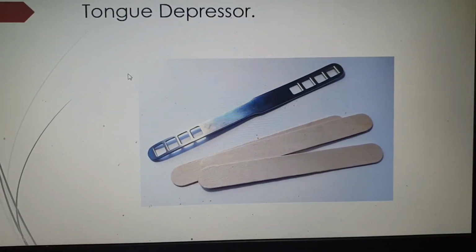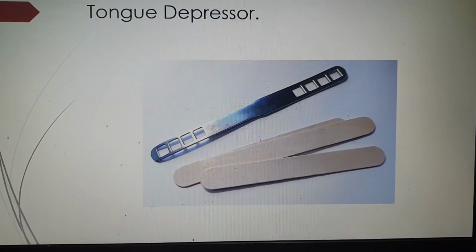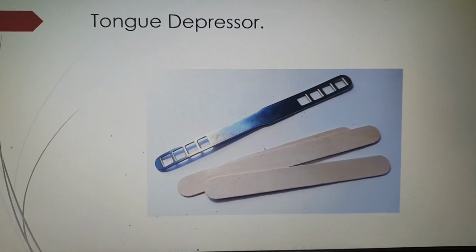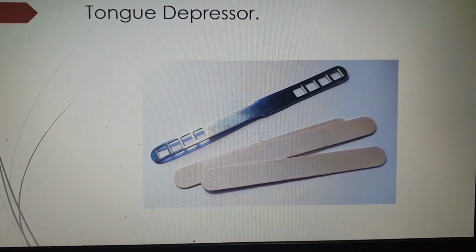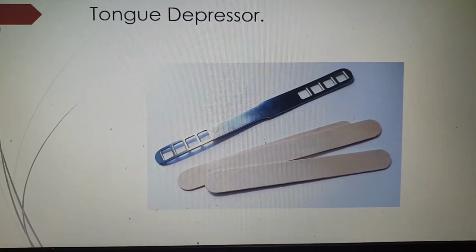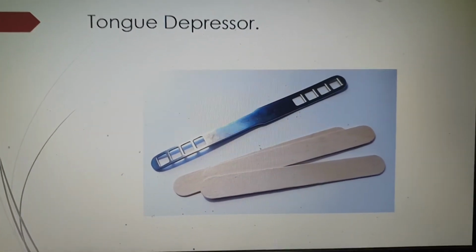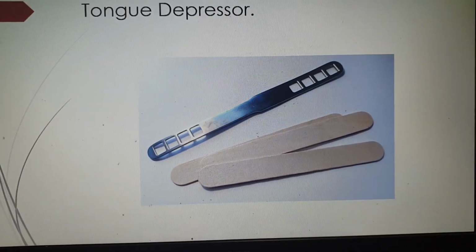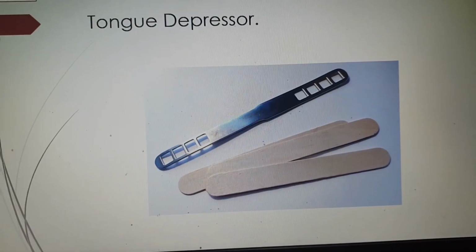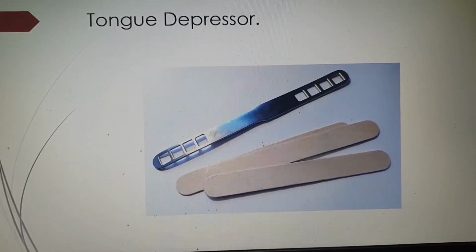Now this is called a tongue depressor. A tongue depressor. Now what is this used to check for? Have you seen them check your tongue when you go to the hospital? They want to check if you've got a virus or infection down your throat or chest. They use a tongue depressor, right?